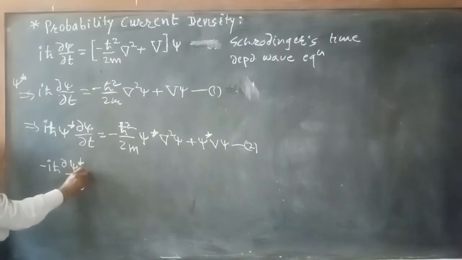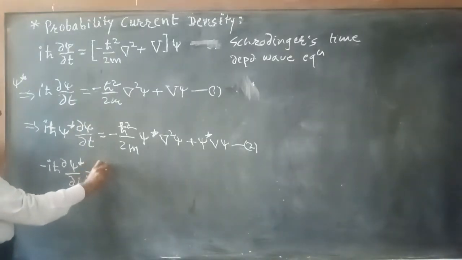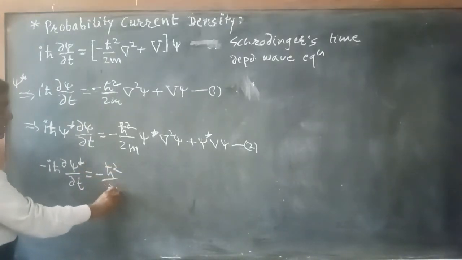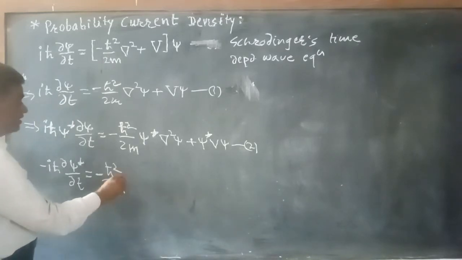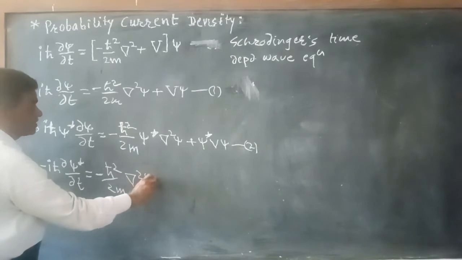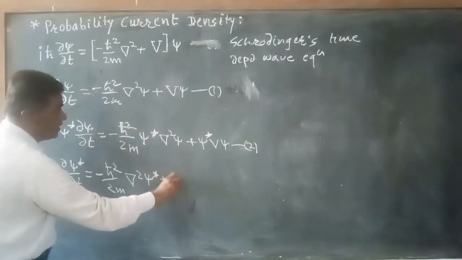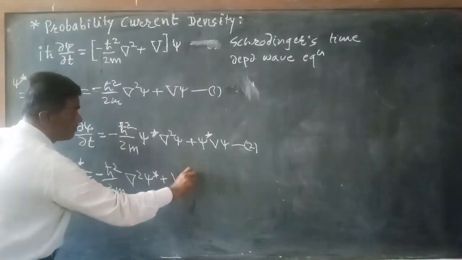This will be equal to, here the sign does not change as there is no i, minus h cross square divided by twice m, del square psi star, plus phi into psi star.